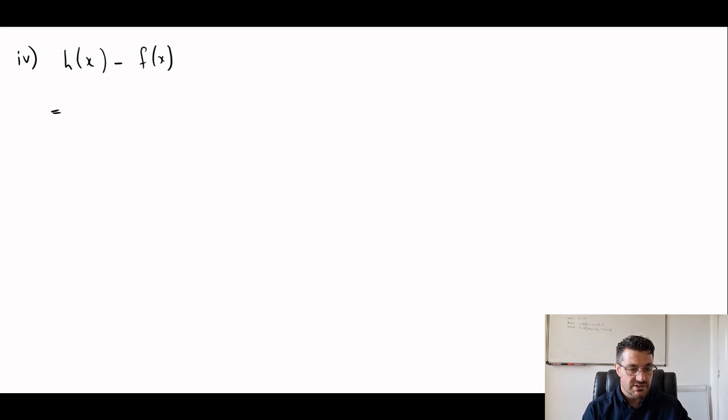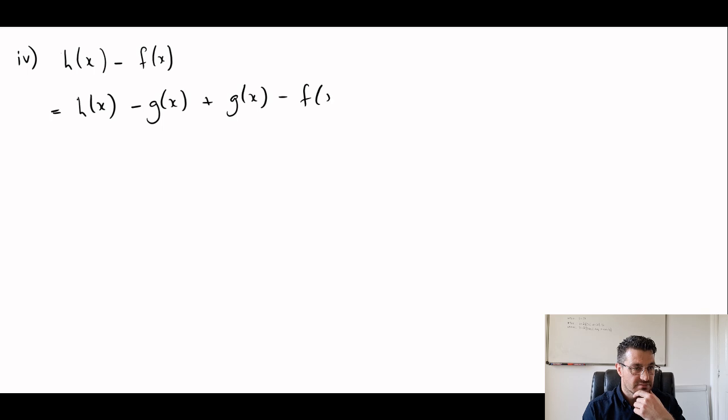This is equal to, oh yeah, okay, h of x minus g of x plus g of x minus f of x. Okay.